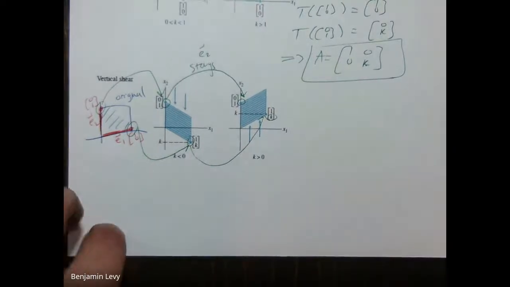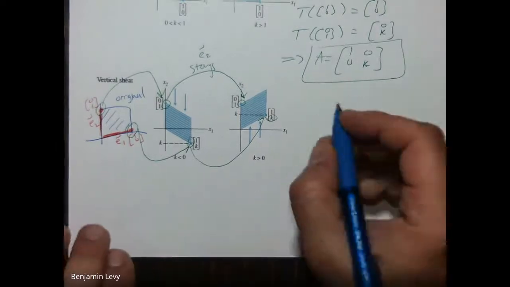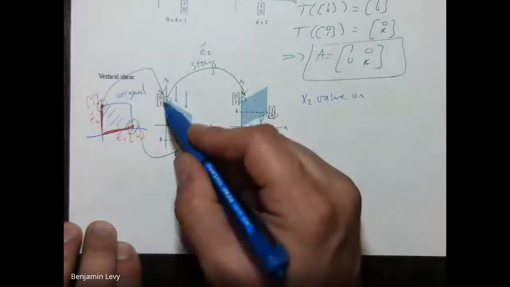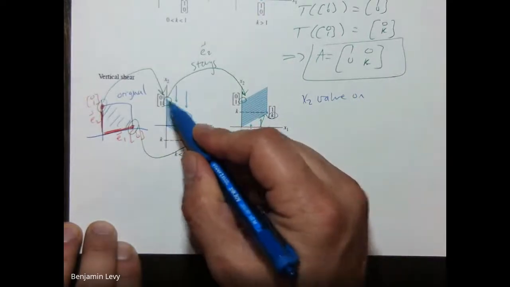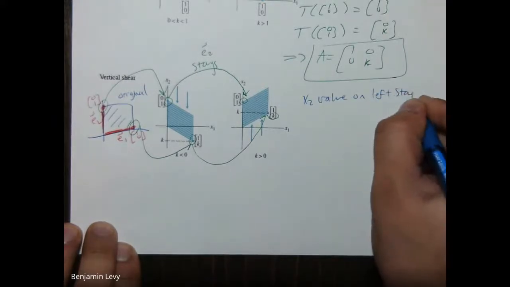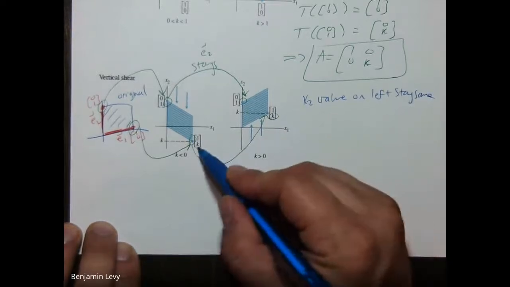Right? And so let's do it in words first here. What I'm seeing word-wise is it seems like the x2 value on the left-hand side here, this 1, is not actually moving. But the x2 value on the right gets scaled by a factor of k.